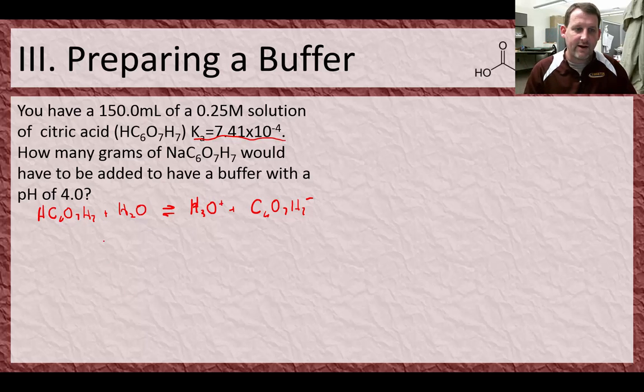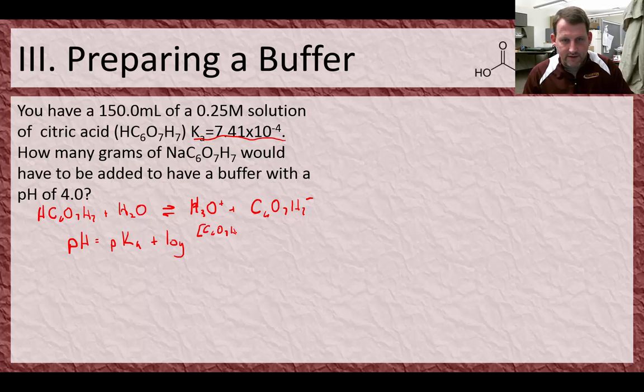So it's a negative ion. So we know that the pH is equal to the pKa plus the log of the concentration of C6O7H7 minus, divided by the concentration of this one, the acid, HC6O7H7.